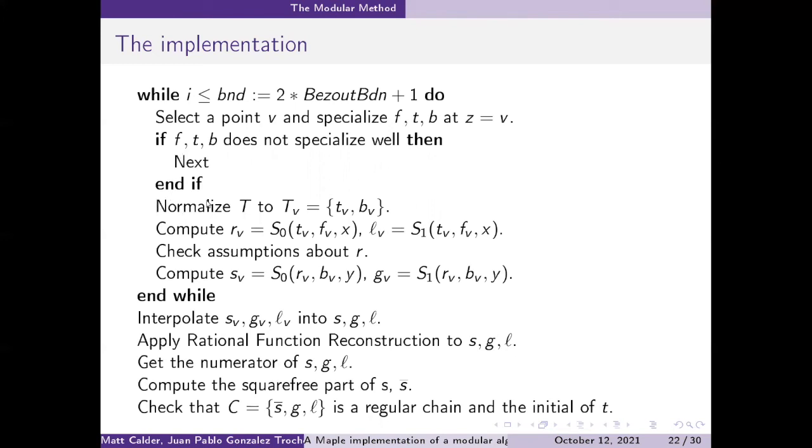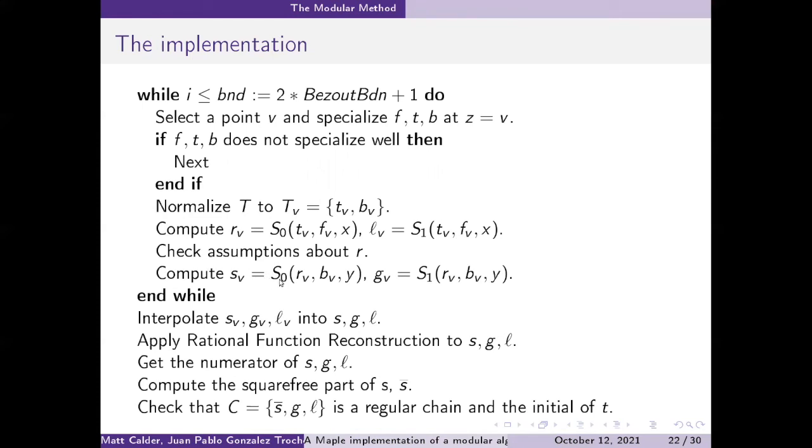Then we normalize the regular chain T to T sub B. We compute the subresultant of index 0 and the subresultant of index 1 of T sub B, F sub B with respect to the variable X. We check assumptions about R here.